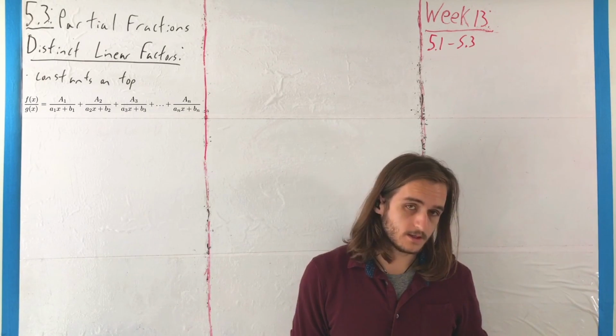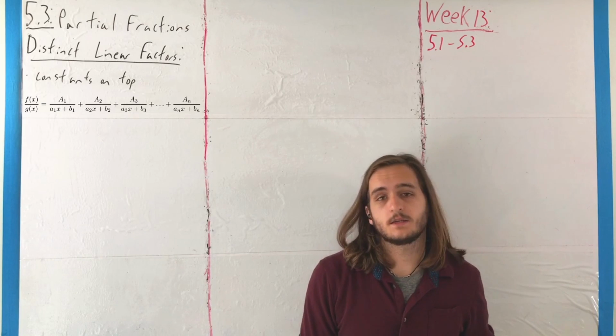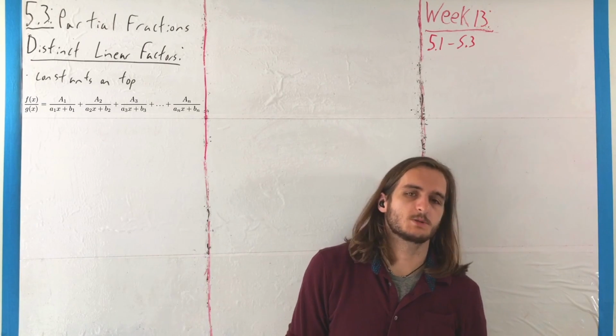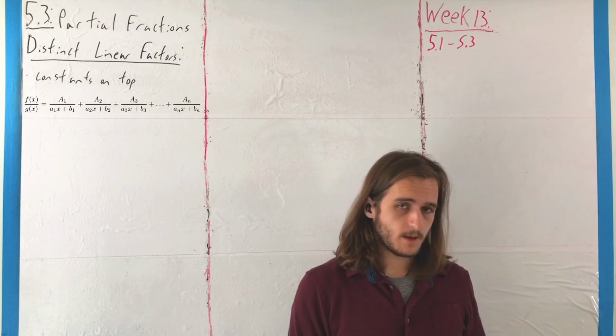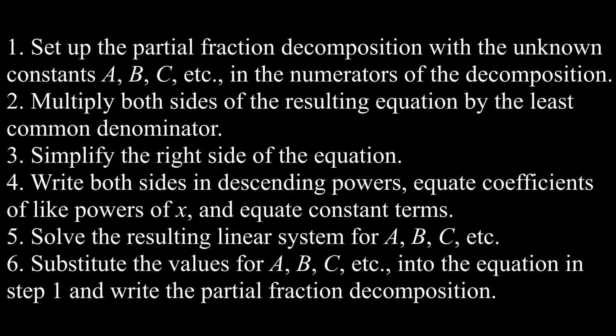Anyway, for these types of problems, we have a process that we can follow very generally, not just for linear factors, but for most any partial fraction decomposition. What we want to do is set up the partial fraction decomposition with the unknown constants in the numerators of the decomposition, then multiply both sides by the least common denominator, which is really just the original denominator, or usually anyway, sometimes it's a little bit different.